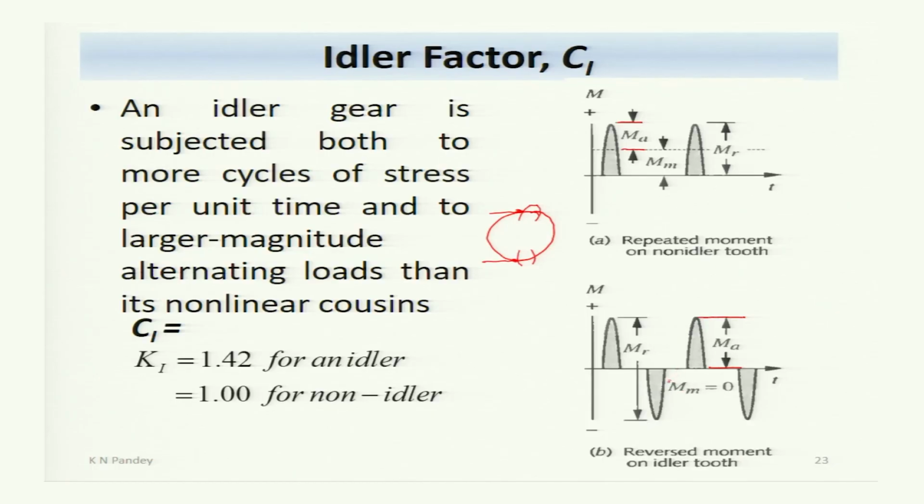So, the type and amount of load which is acting on the idler is very different in comparison to the gear and pinion, and so that should be taken into account by the idler factor. For an idler, the value of Ki will be 1.42. So, W will be Wt, the transmitted load, multiplied by 1.42. It means you are making a 42% increase in Wt for the case of an idler.